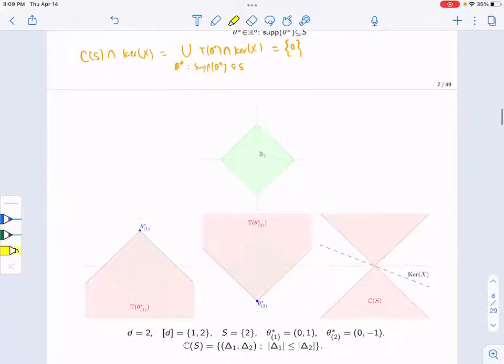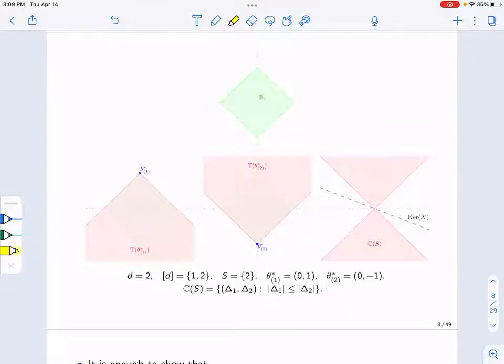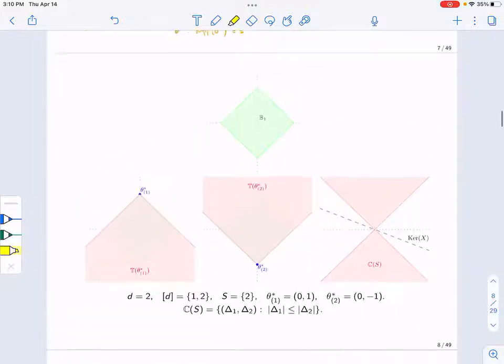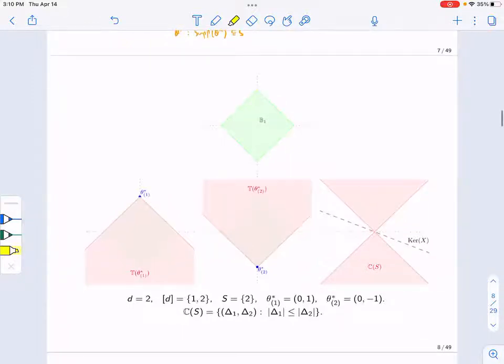Let me show you the geometric picture first. So that's the L1 ball. This is the setting that we have. This is 2, this component is 1. This is the S. So let's see the tangent. All possible theta stars are, in this case, these two guys.